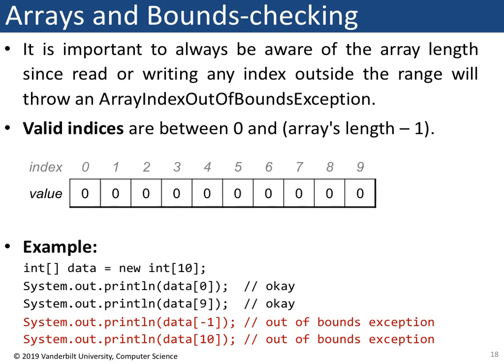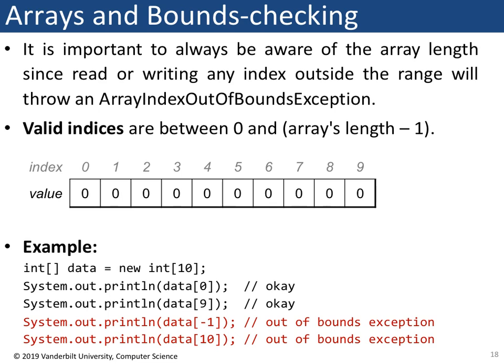One of the reasons we're bringing this up about using the array.length field is because being aware of the array length is very important anytime you're reading or writing to the array, from or to the array.